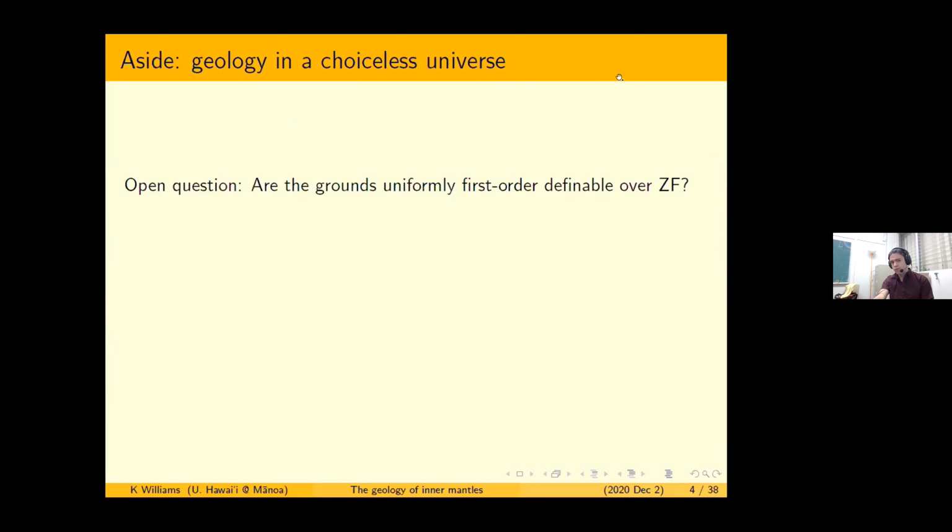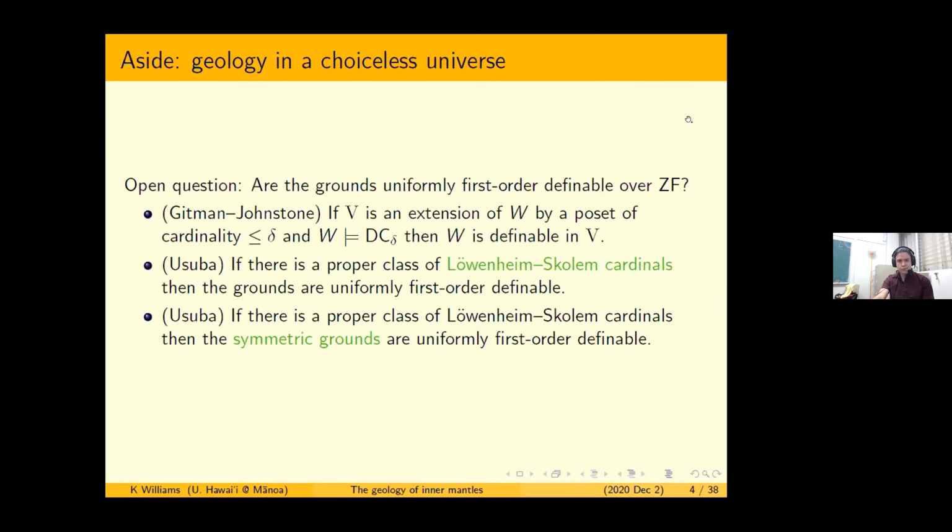Maybe an aside, since I said you need choice to prove both of those. It's an open question whether this grounds definability theorem holds without the axiom of choice, but there are partial results known. Gitman and Johnstone showed that if you satisfy a large enough fragment of DC, based upon how big your poset is, then it's going to be definable. They basically refined the Laver-Woodin result to get exactly how much choice was needed.